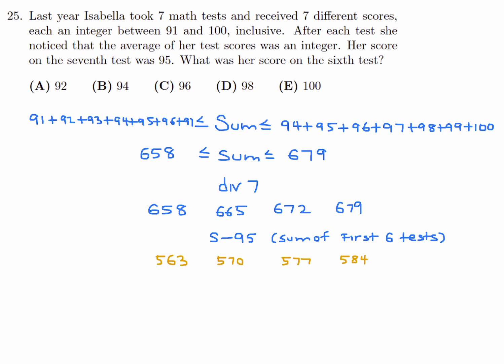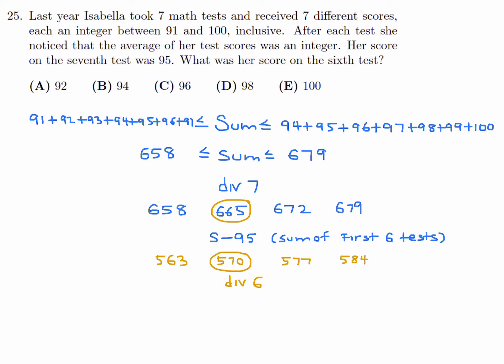These are the sum of the first 6 tests. Now this has to be divisible by 6, right? That's the only way you can get an integer. Now which one of these is divisible by 6? The only one is this one. So that means the sum of the first 7 must have been 665.